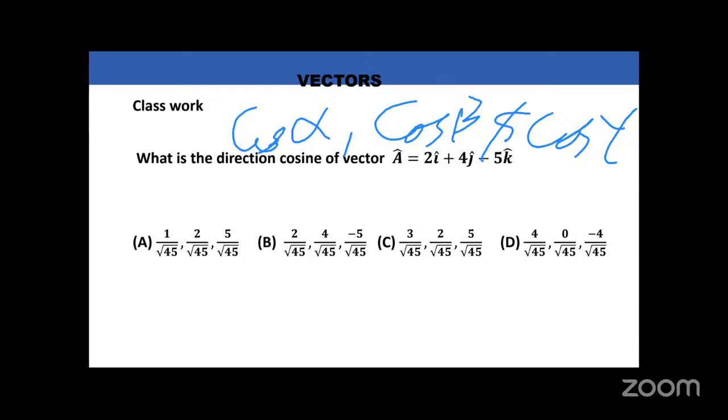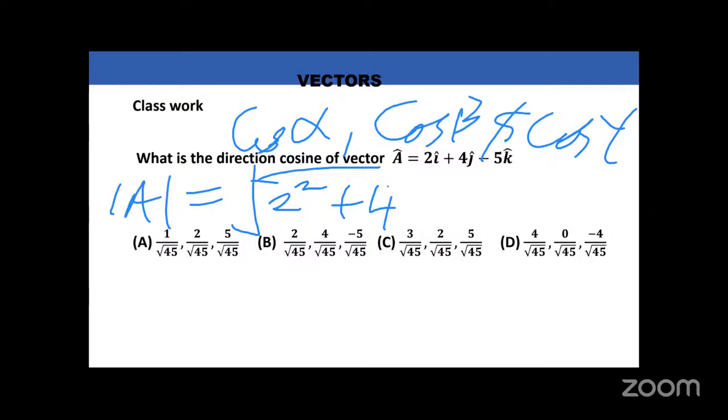So magnitude of A will be square root of 2 square plus 4 square plus 5 square. 2 square is 4, 4 square is 16, 16 plus 4 is 20. 5 square is 25, 25 plus 20 is 45, so square root of 45.